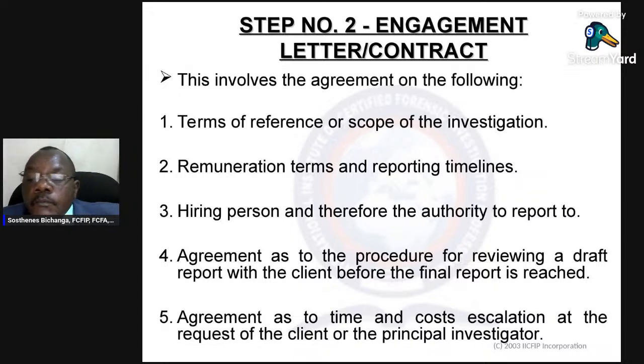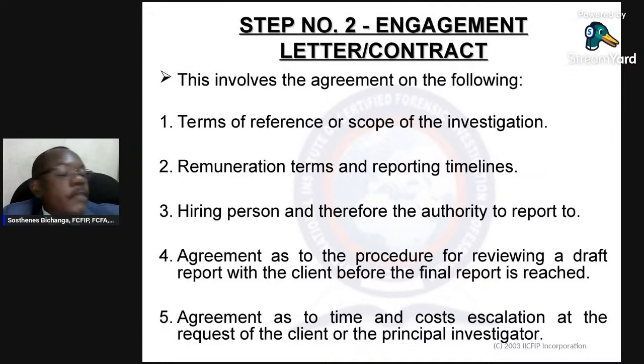The terms of reference will indicate the scope of the investigation. Within the terms of reference, it will be indicated how many branches will be visited by the investigators, and they will be mentioned by name, branch names or branch numbers.